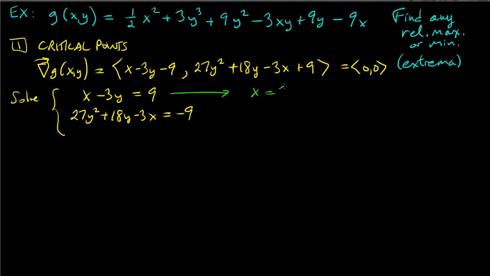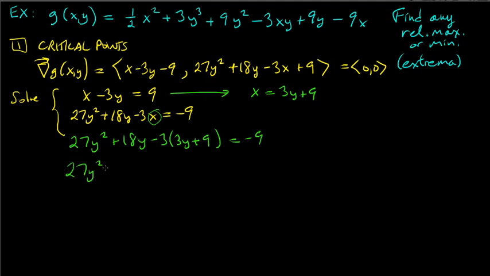It looks easier. x is just going to be 3y plus 9. And now we can plug that in here. So for the second equation, you have 27y squared plus 18y minus 3 times (3y plus 9) equals negative 9. So now we just solve for y instead of x. Not much different.